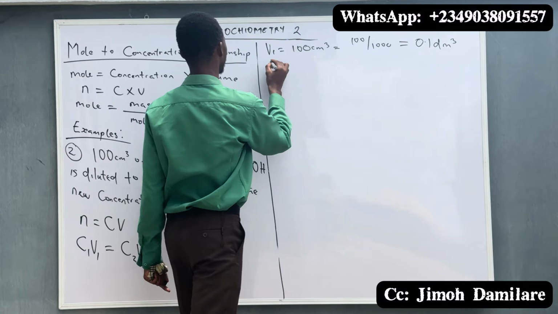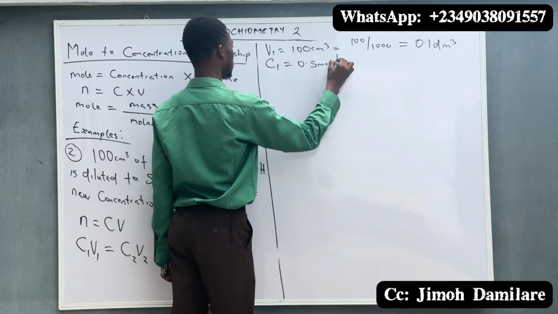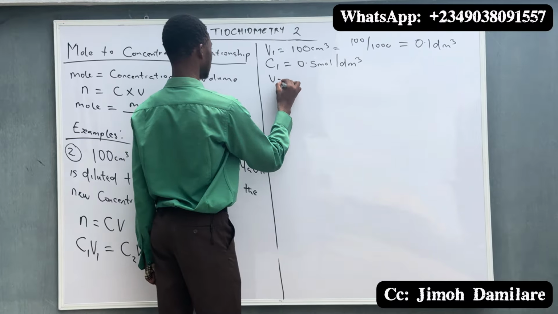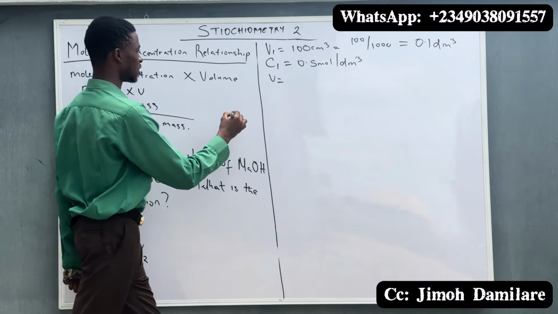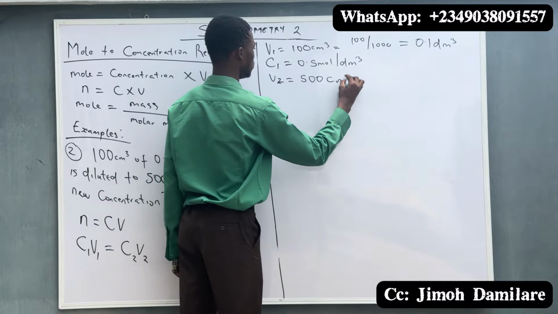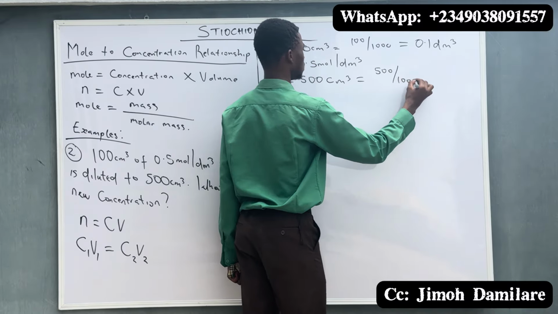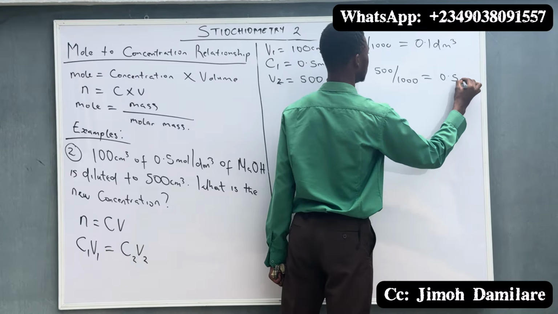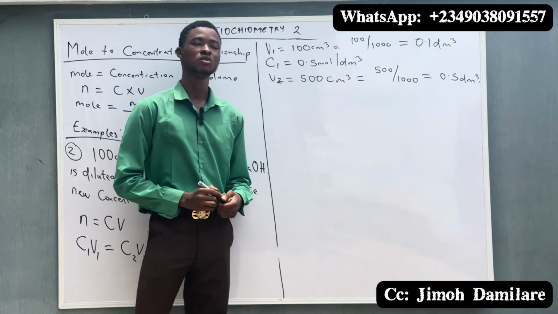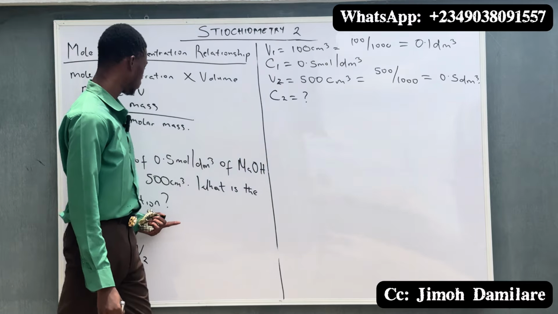Our C1, which is the first concentration, is equal to 0.5 mole per dm cube, while our V2 is equal to 500 centimeter cube, and of course this will be 500 over 1000, equal to 0.5 dm cube. So you have to convert. Whenever you want to convert from cm cube to dm cube, you divide by 1000. And our C2, the new concentration, is unknown.